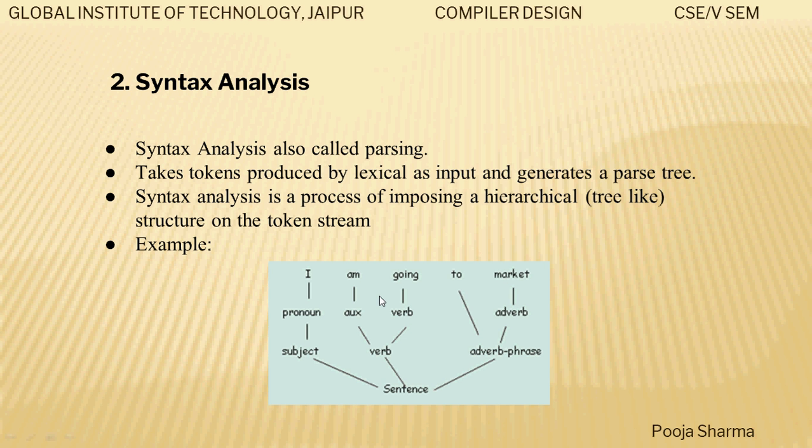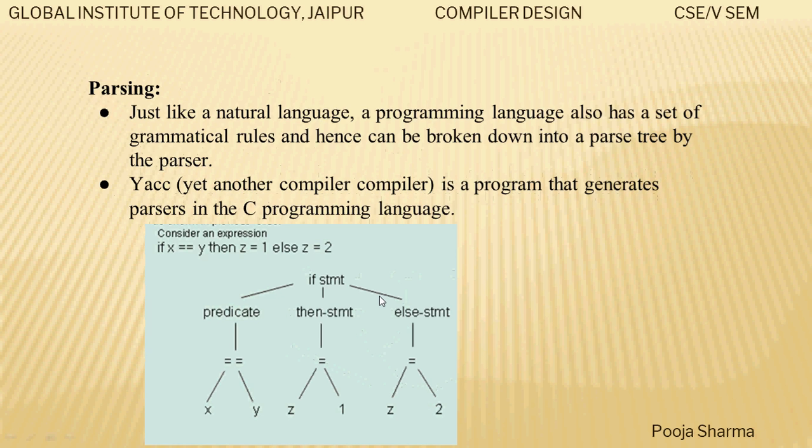This is an example. I am going to mark it. This is represented in a tree-like structure. Just like a natural language, a programming language also has a set of grammatical rules and hence can be broken down into a parse tree by the parser.